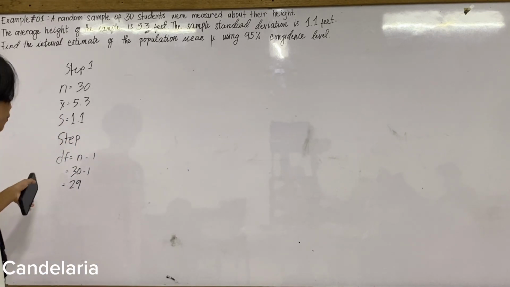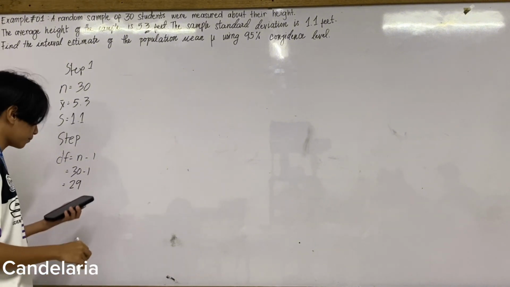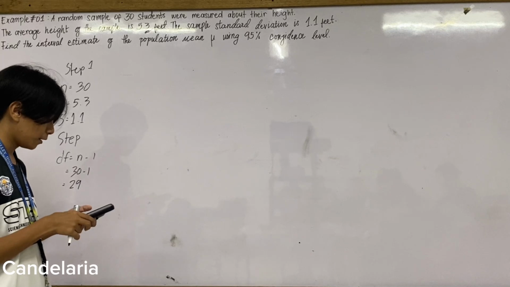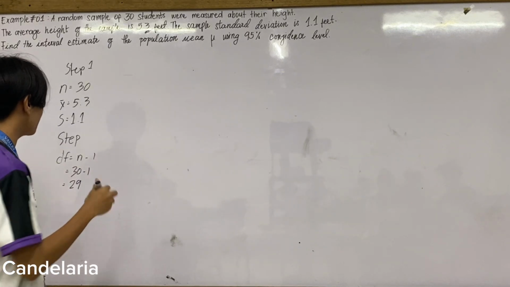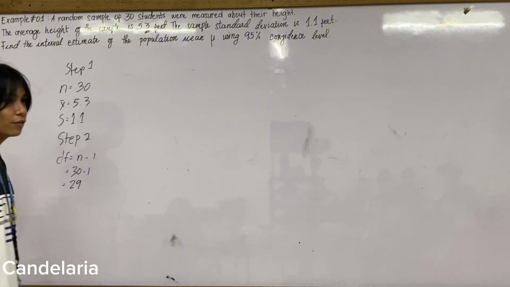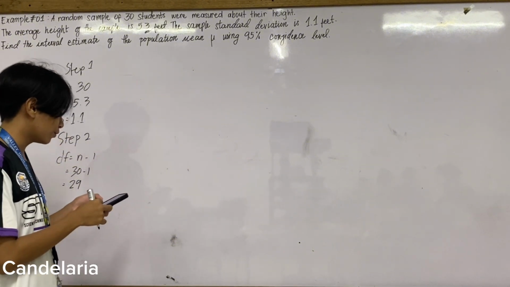And we find that our degree of freedom is equal to 29. And now, after we find the degree of freedom, let's proceed to step 3.